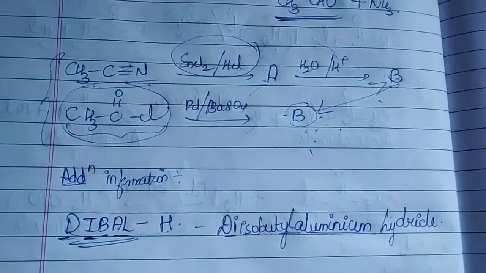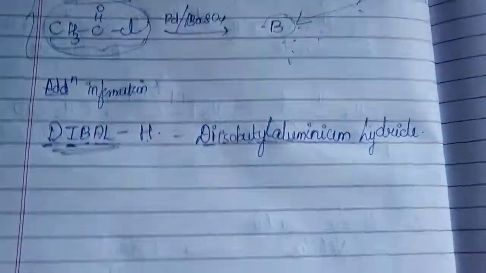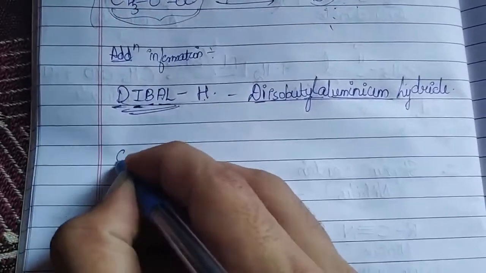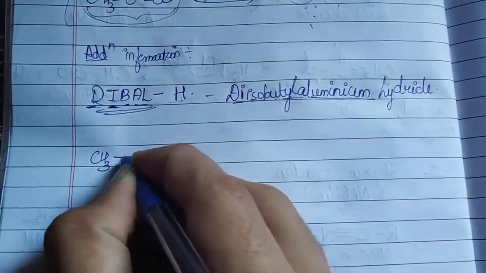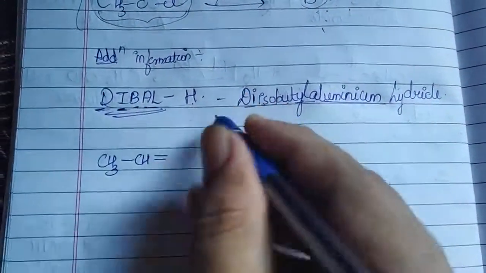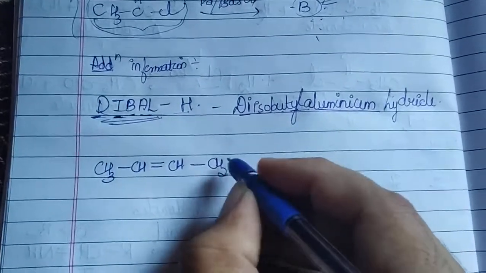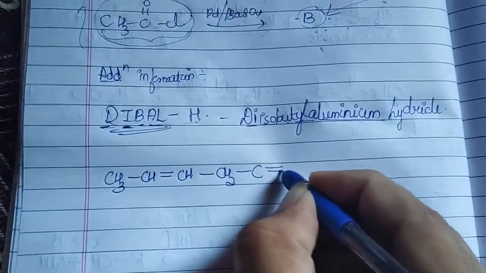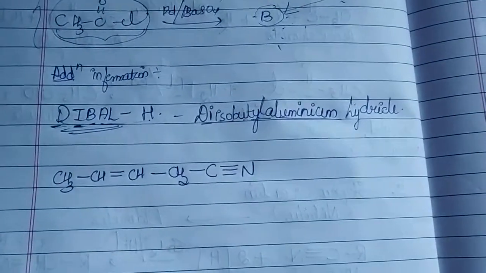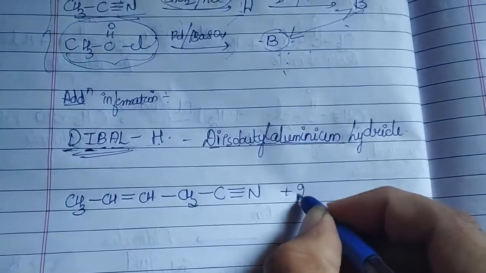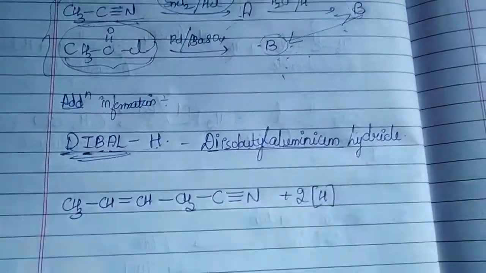But when the question arises, for example, CH3-CH=CH-CH2-C≡N, and I'm going to reduce it to an aldehyde.